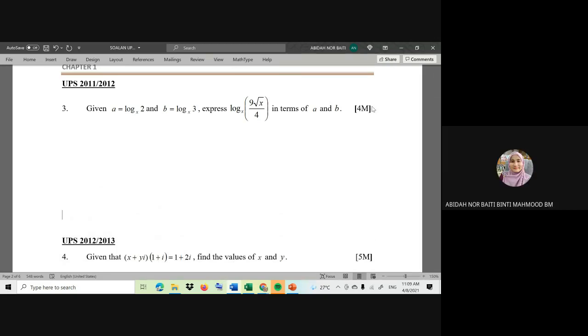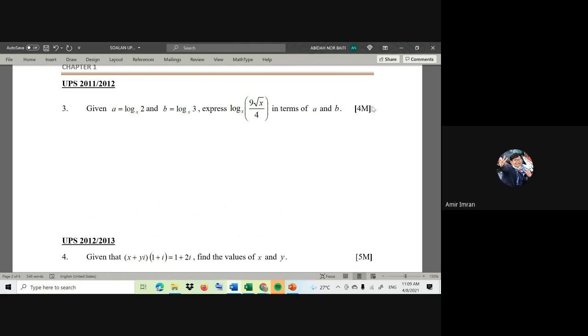Boleh. Number 3 buat macam mana? Number 3 kamu buat macam mana mula-mula?